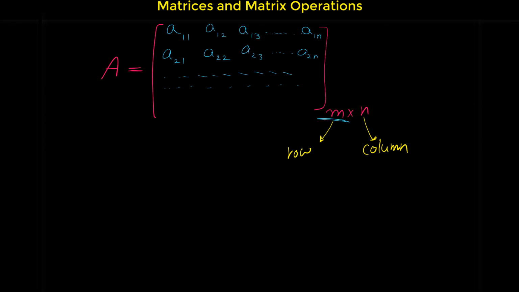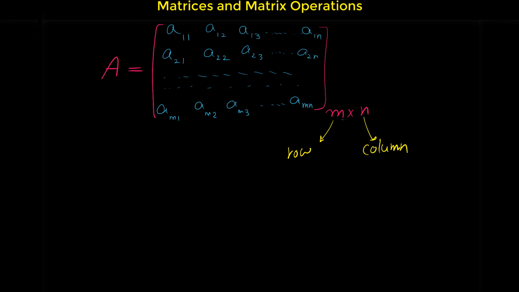The mth row: A sub m1, A sub m2, A sub m3, and this goes till we get to the last element, which is A sub mn. We use capital letters to show the matrix. We use lowercase letters like a, b, c to show the elements of the matrix.